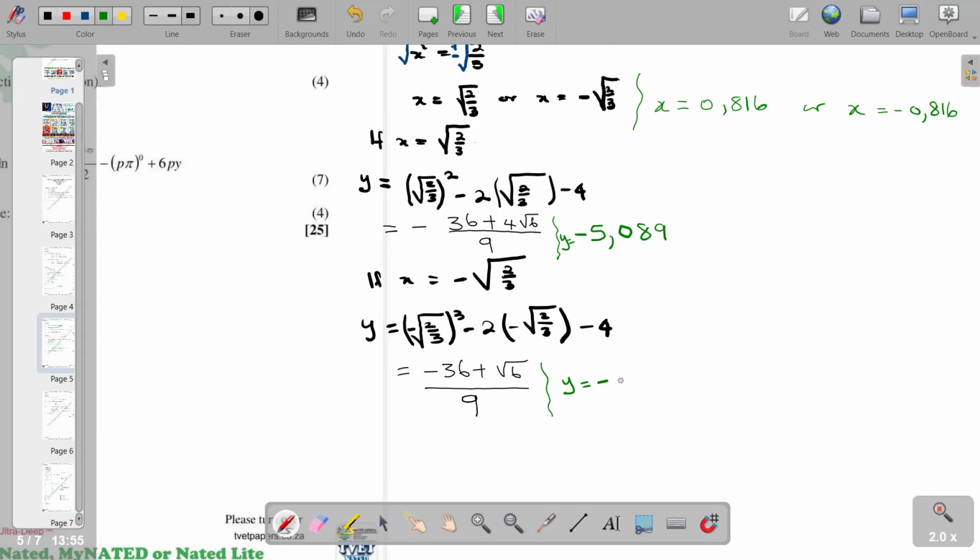Negative 2 point, so it's negative 2.911.